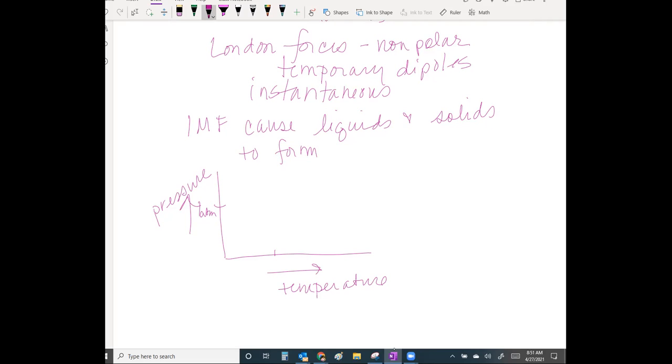What's the freezing point of water? At what temperature does ice freeze? 0 degrees Celsius. So we would have a line somewhat like this. On this side, we have a solid, and in here, we have liquid water.